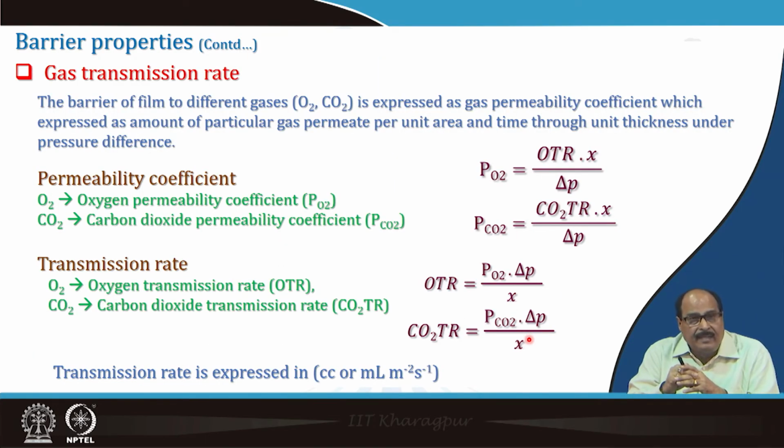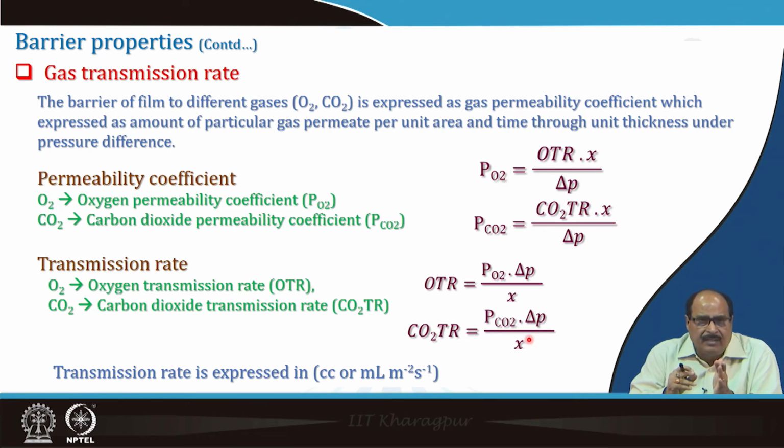Gas transmission rate, the barrier of the film to different gases like O2 and CO2, is expressed as the permeability coefficient, which expresses the amount of a particular gas permeating per unit area and time through unit thickness under a pressure difference. So, the permeability coefficient for O2 is PO2, for CO2 it is PCO2.